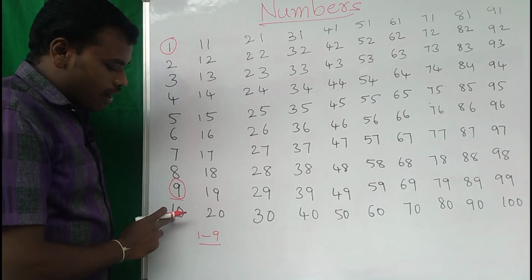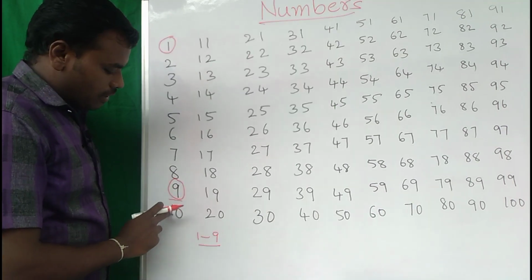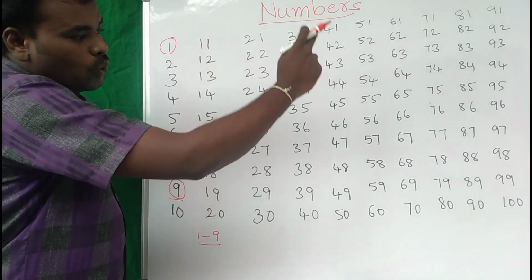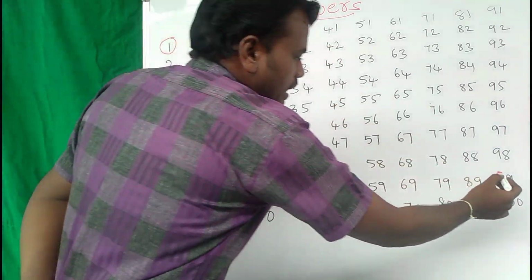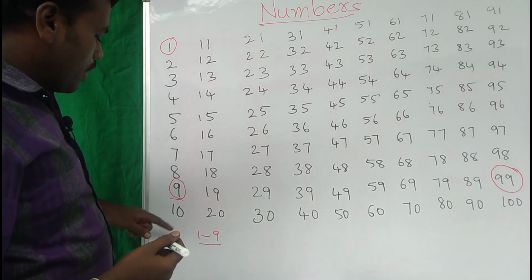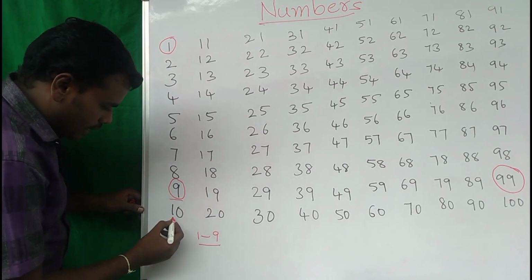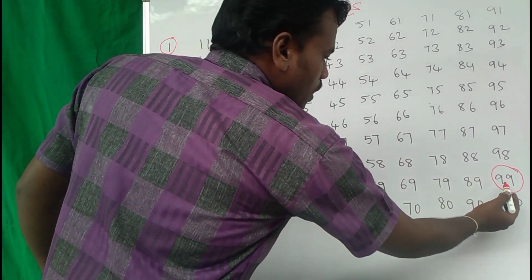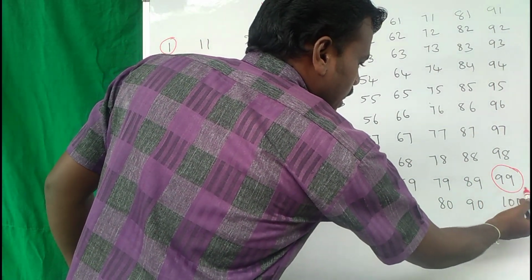Then after 9 we have 10, 11, 12, 13, 14, 15, up to 99, the last two digit number. Here we have two digits.